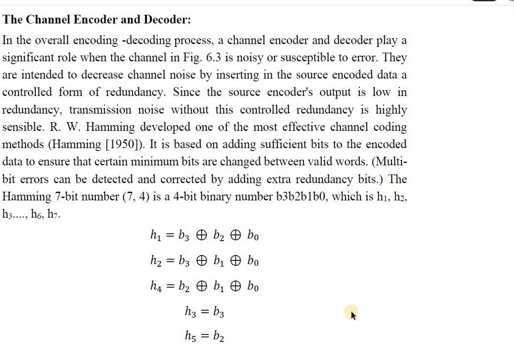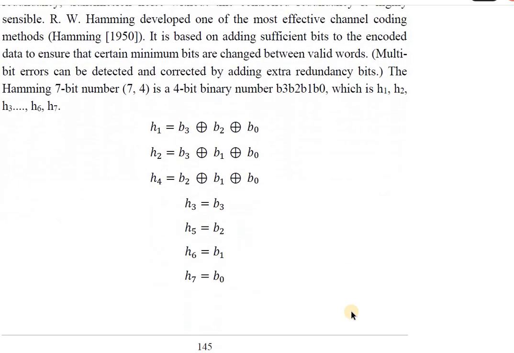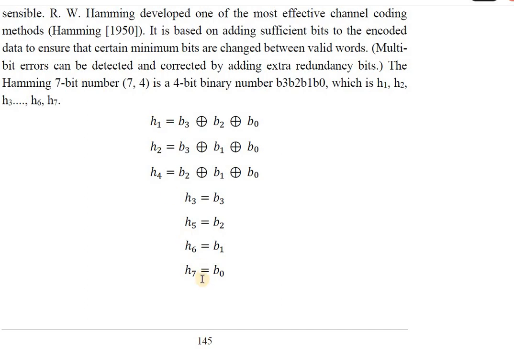In Hamming code, basically suppose we have a 4-bit binary number, so our data is 4-bit data. Then we create a 7-bit Hamming code, from H1 to H7. How do we do that? You assign the 4-bit data like this: B0 goes to H7, B1 goes to H6, B2 goes to H5, B3 goes to H3.